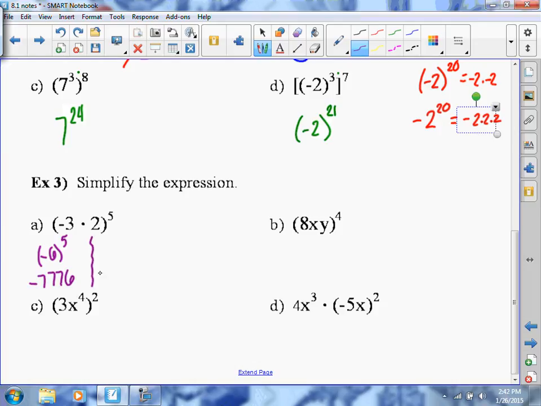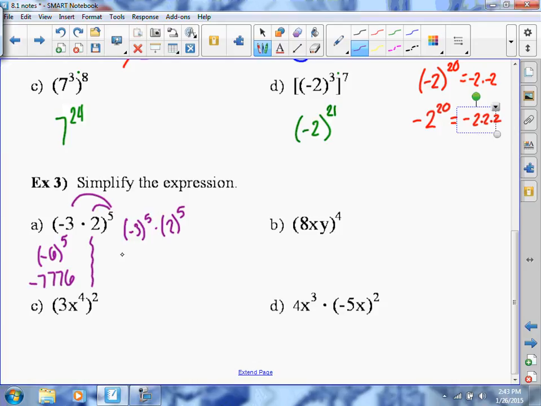The other completely correct way to evaluate this is to say, oh, this 5 has to be distributed to each thing that's inside the parentheses. So that's that power of a product property. So they do (-3) to the 5th times 2 to the 5th.